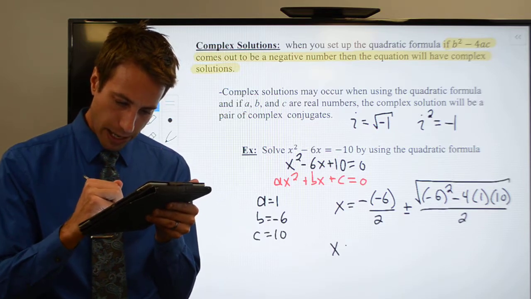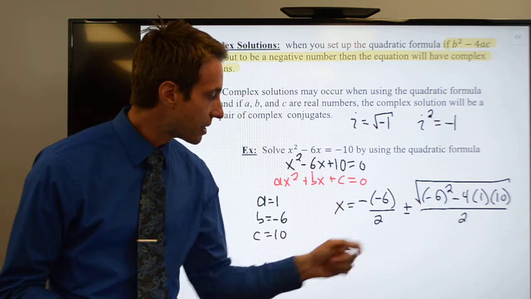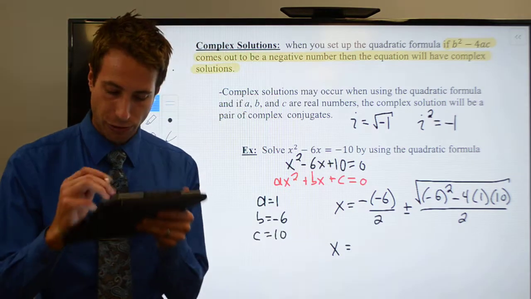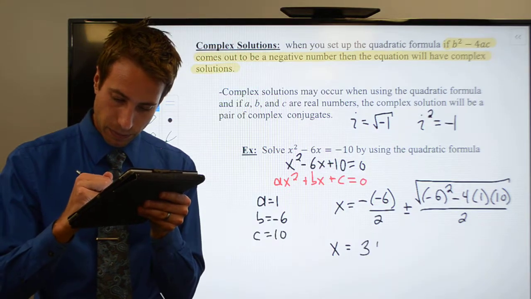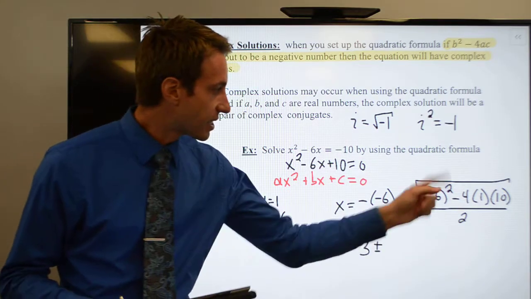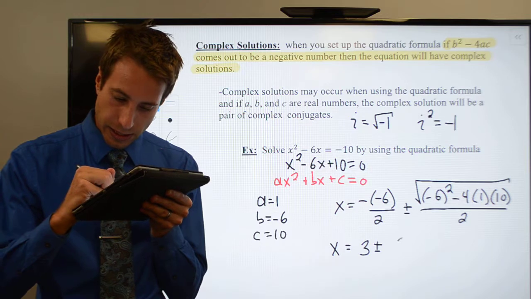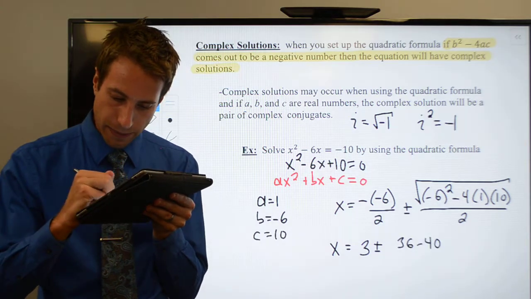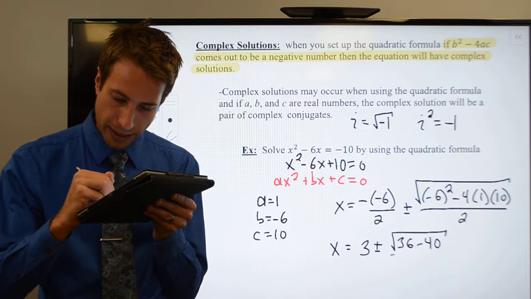Negative times a negative is going to be a +6, divided by 2 would be a +3, plus or minus. 6 squared is going to be 36. So -40.